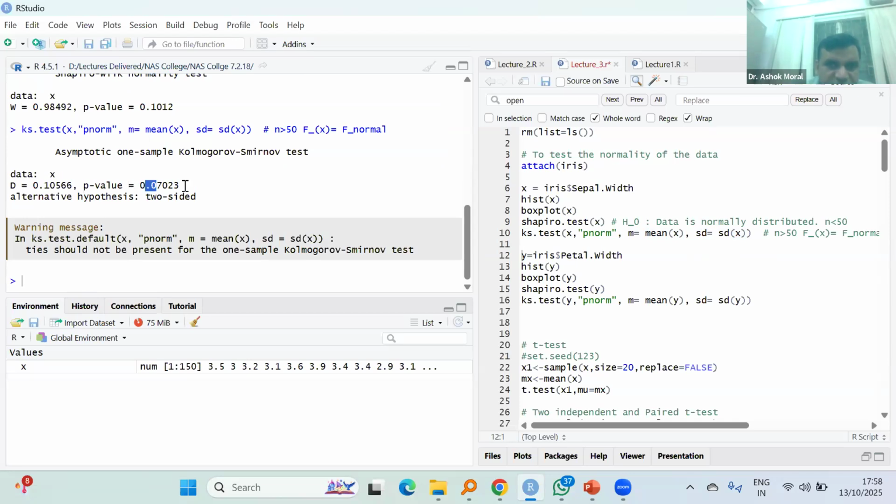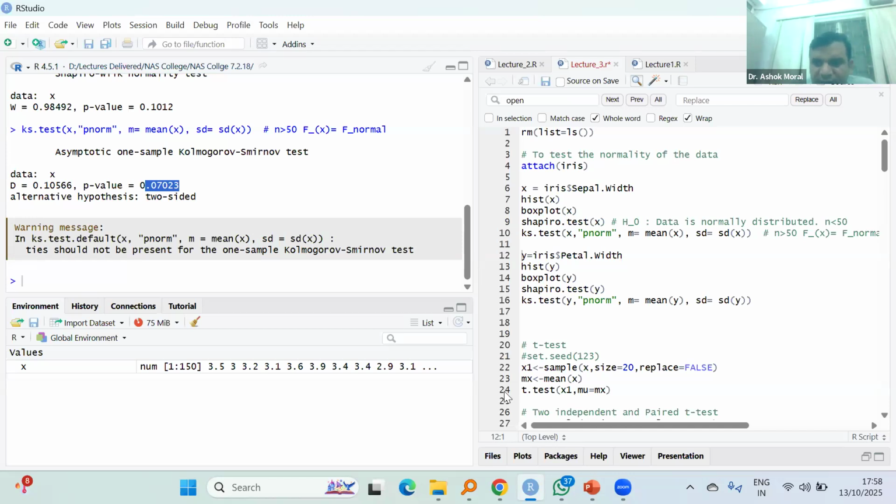And the p-value is 0.07. If we consider 5% as the value of alpha, 0.05, then in this case, P is greater than 0.05. Then what is the meaning of this? Please type. The p-value is 0.07 and the value of alpha is 0.05.